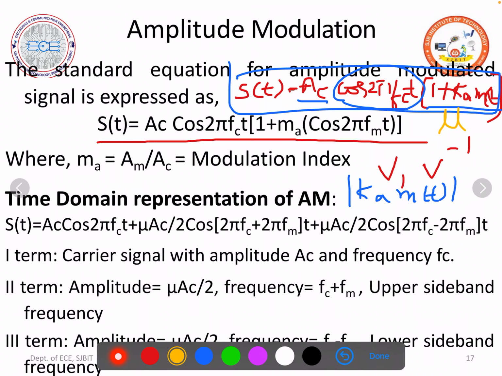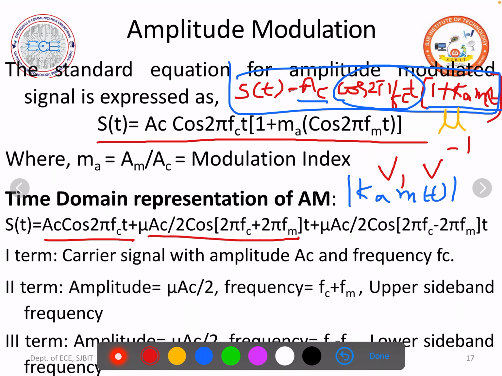So let us analyze how we get the time domain representation. It is Ac cos 2 pi fct plus mu Ac by 2 into cos of 2 pi fc plus 2 pi fm into t plus mu Ac by 2 into cos of 2 pi fc minus 2 pi fm into t. The first term is the carrier signal with the amplitude Ac and at the frequency Fc.